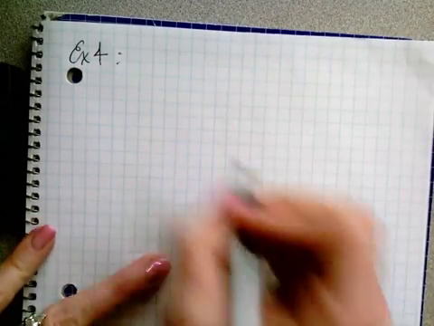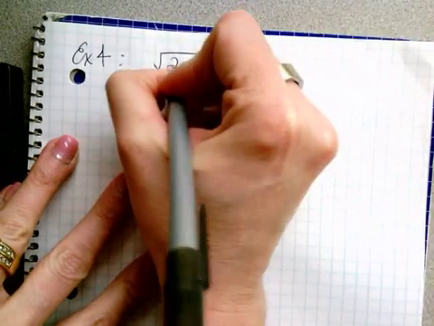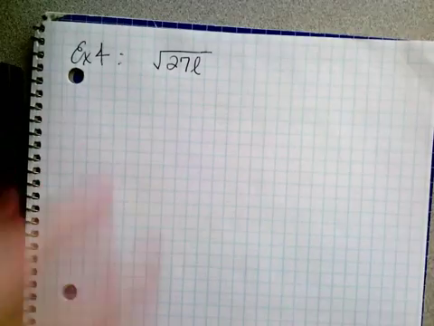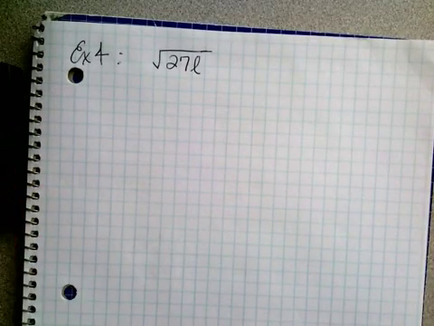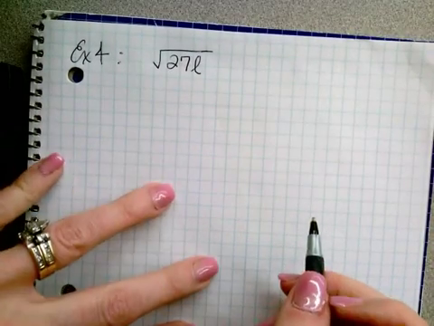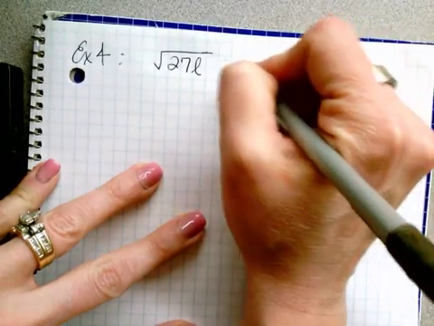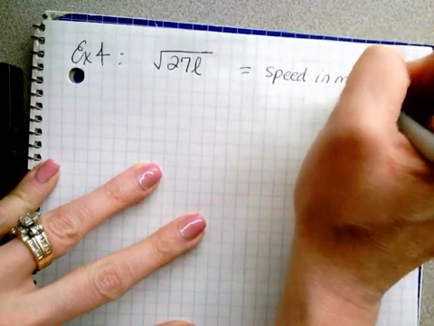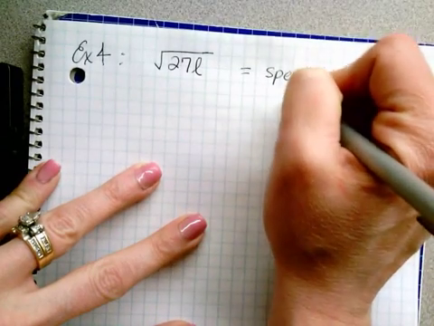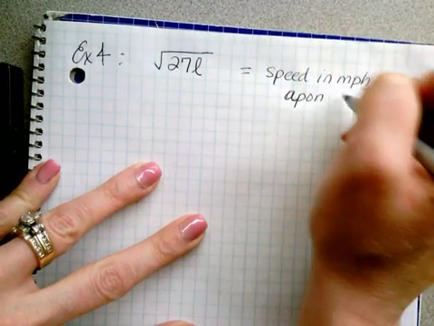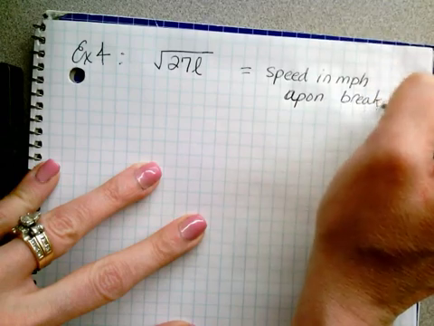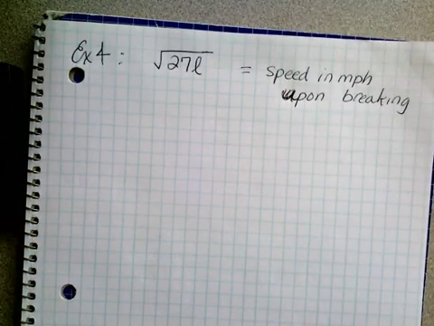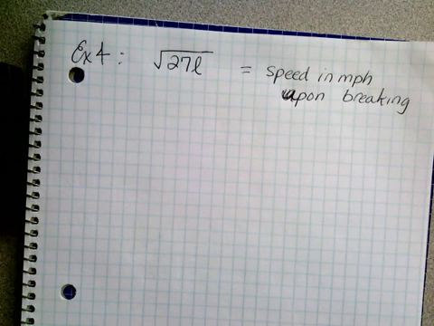Well, the formula, the square root of 27L, radical 27L, gives the car's speed in miles per hour upon hitting the brakes. Kind of handy for the police officers, no? I'm going to go into law enforcement. I don't need to know math. Yeah, you do.